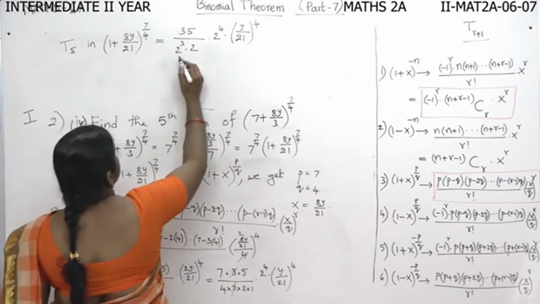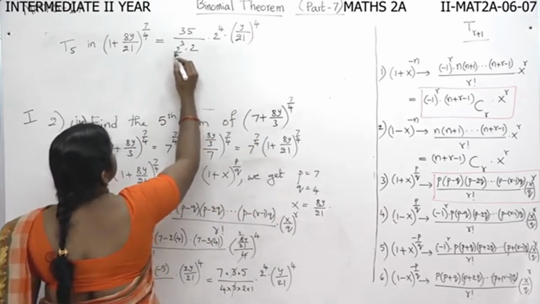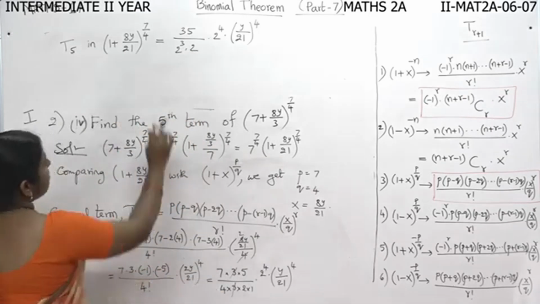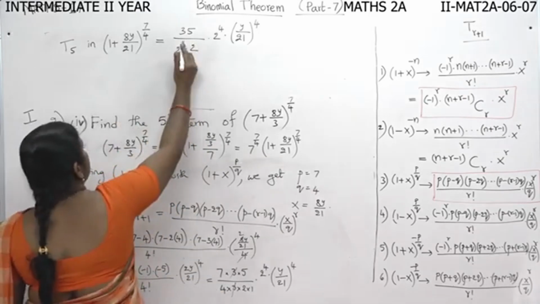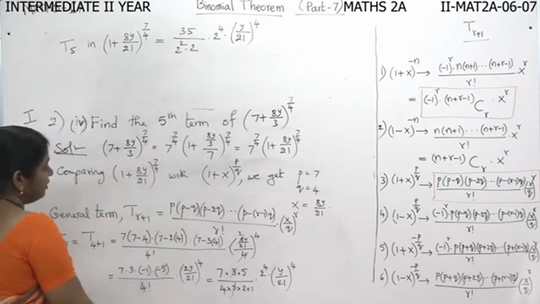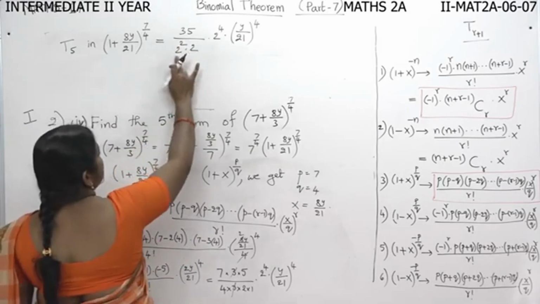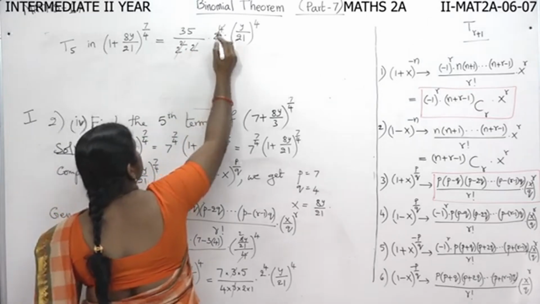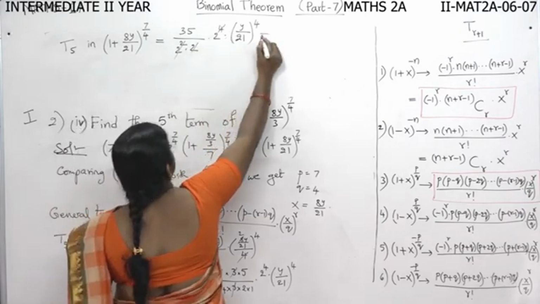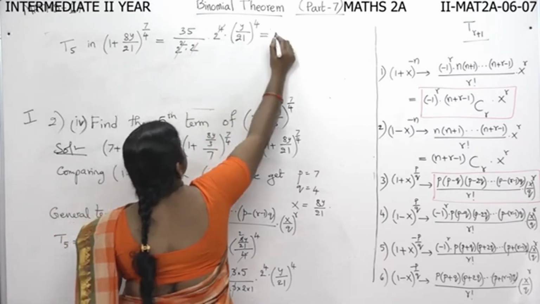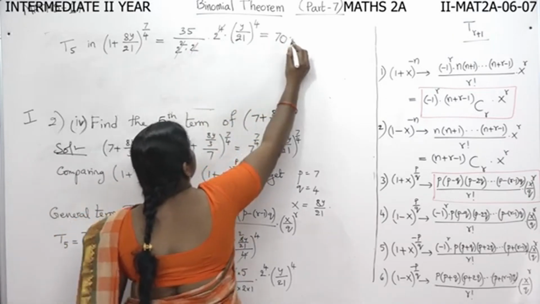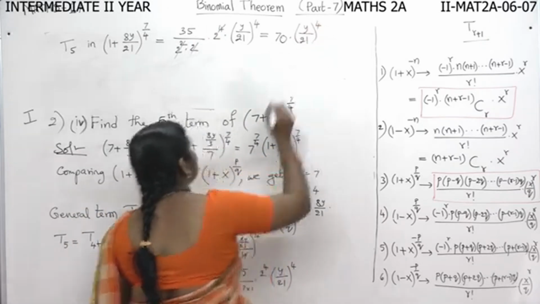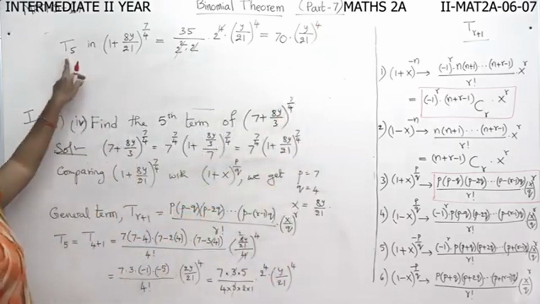So I can cancel these 2^3 into, this 4 can be written as 2 square. Okay, so this is 2 square, 2 square into 2, so total 2^3. So 2^3, if I cancel here, one more 2 will be there. So that 2 into 35 is 70 into (y/21)^4. So this is the T5.